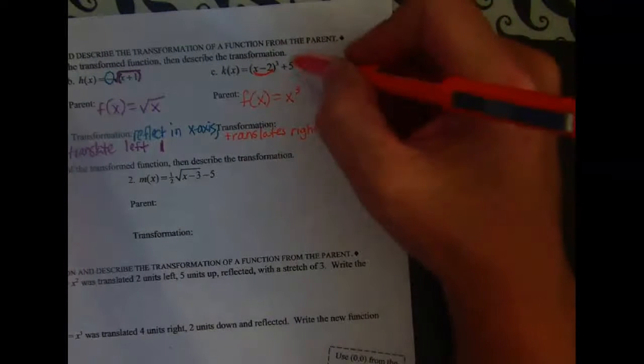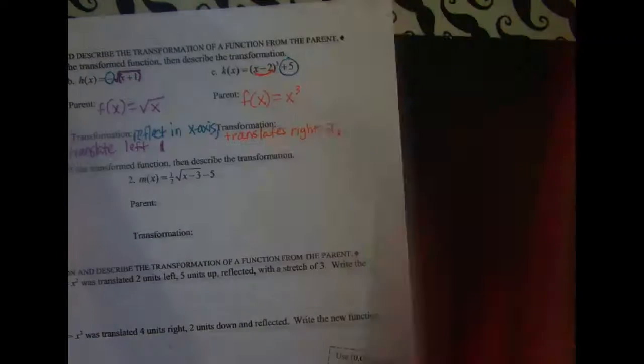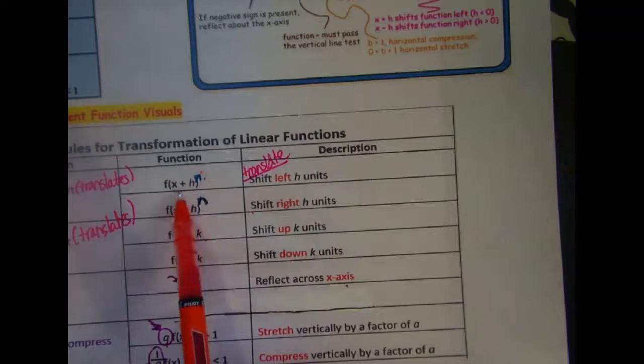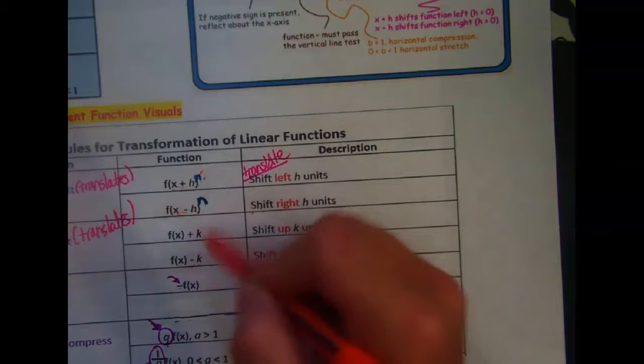And then the next part, out here, it's not in parentheses, it's just all by itself. We have a plus 5. So a plus 5 on its own. So let's go to the chart again and see if we can find something like that. So this first one, again, that's an x plus h. It's in parentheses. The second one is in parentheses, x minus. And then I have this f of x plus k. Oh, that's all by itself. It's out by itself.